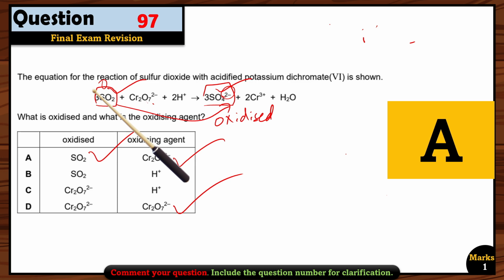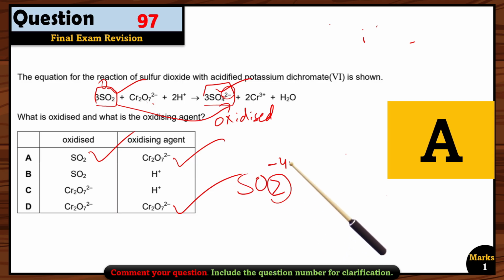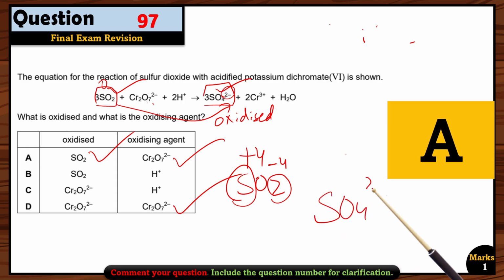You will think that this is -2 and before it was 0. No, let's check it again. In SO2, O is -4, because the oxidation state of oxygen is -2, and -2 into 2, because we have 2, makes a total of -4. So sulfur is how much? It is +4. But if you look at SO4 2-, the answer should be -2, right?